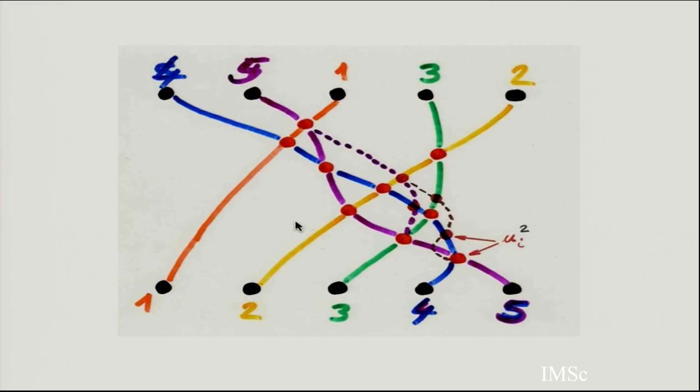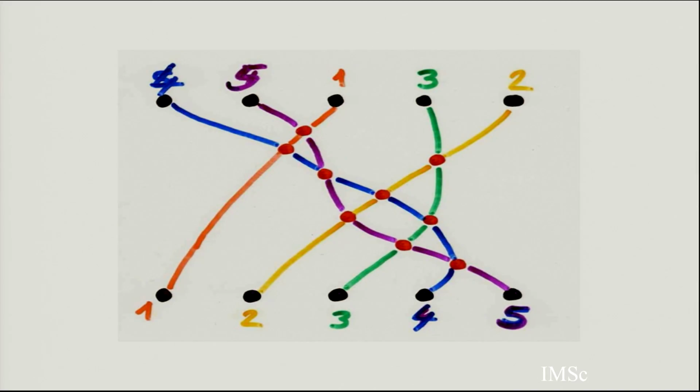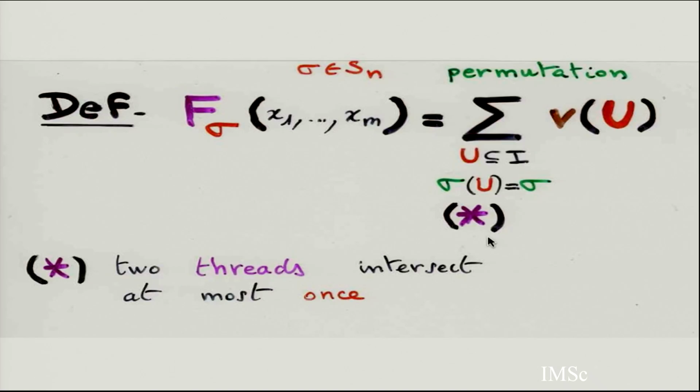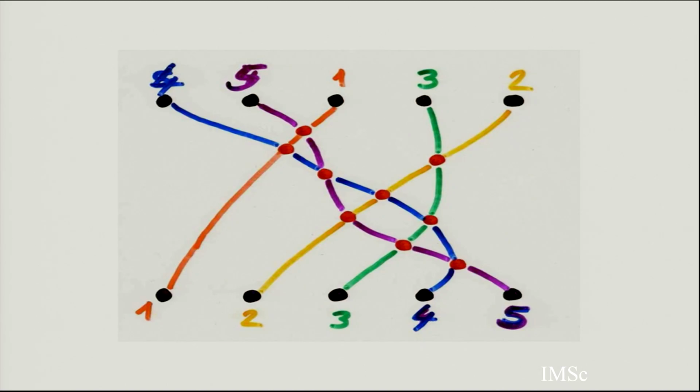If you move the line, this blue-purple line is going to be here, and then you have two consecutive points, we have u_i squared, which is reduced by 1. So it's not a reduced decomposition. This star condition reminds you of how to get a reduced decomposition.